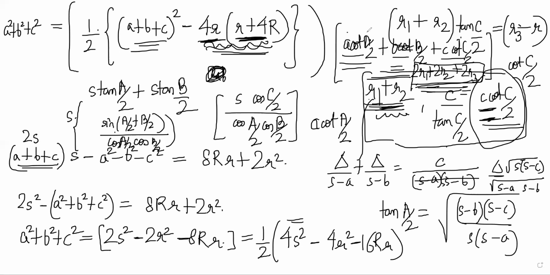We had to use the del formulas to get the answer. At one stage I was using cot A by 2 as S S minus A, but I didn't use the del formula on the other side, which would have given the answer. Just because we are stupid doesn't mean that the question is bad.